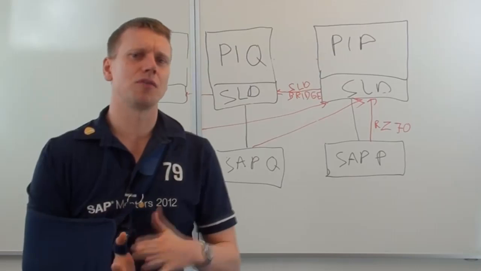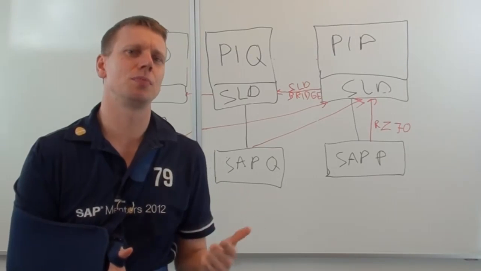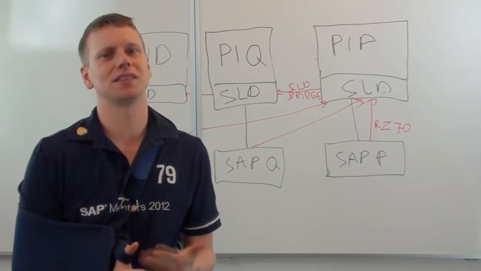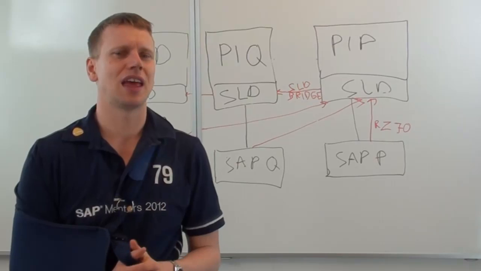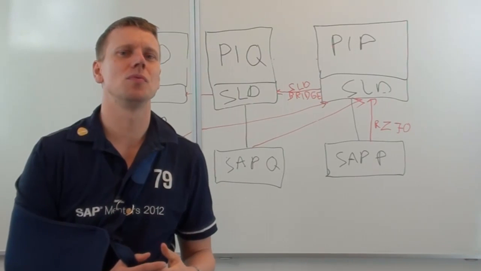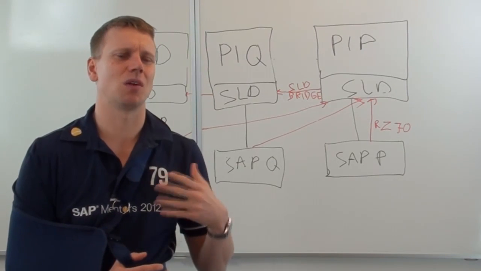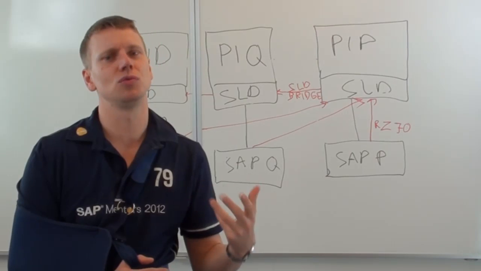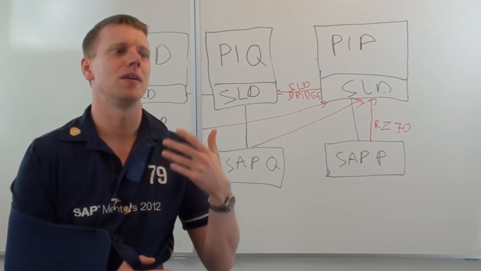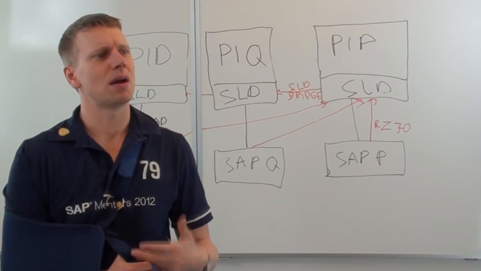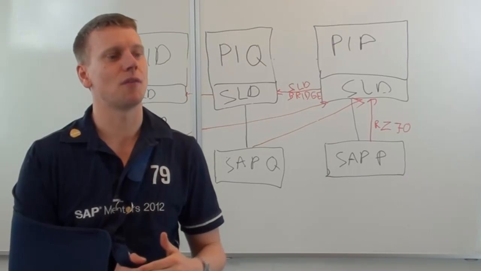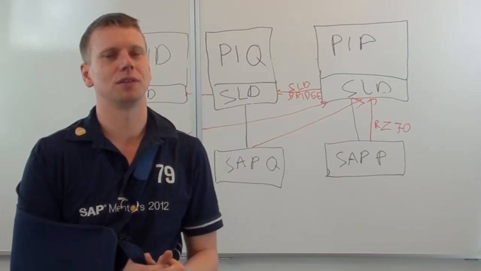There are a number of different actions that you need to perform when you're working with the SLD. The first action is that each of the systems needs to inform the SLD of its name and all this kind of information.